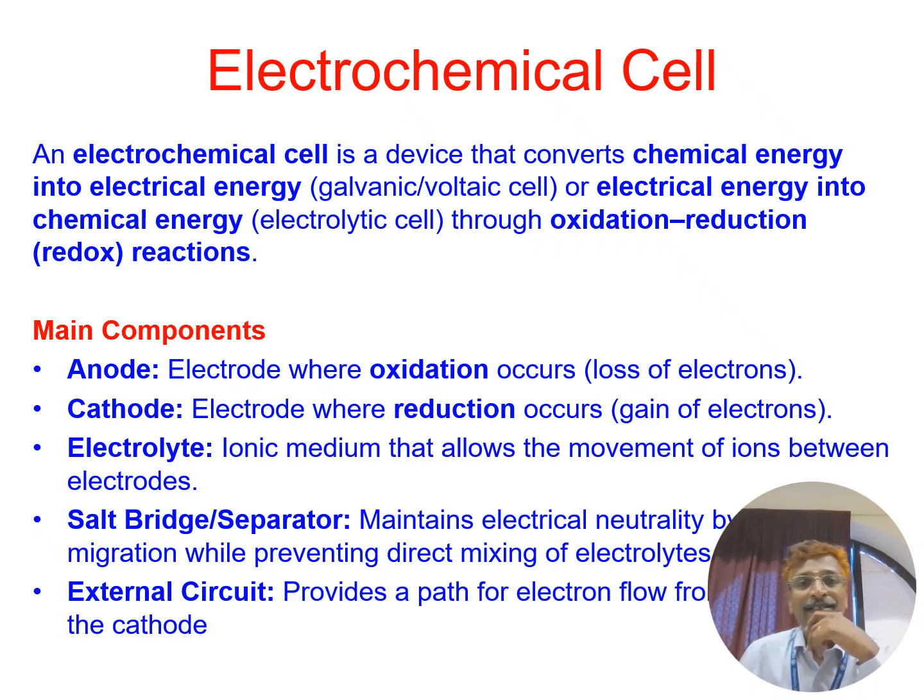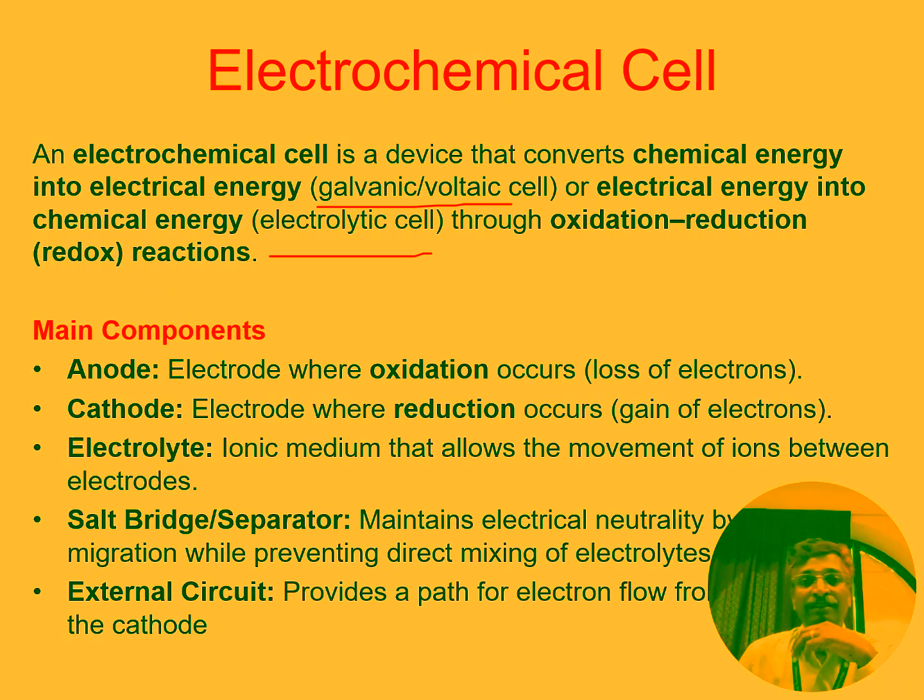Now let us see the basics of the electrochemical cell. An electrochemical cell is a device which converts chemical energy to electrical energy. This is usually termed a galvanic cell or voltaic cell. Converting electrical energy into chemical energy is called an electrolytic cell.